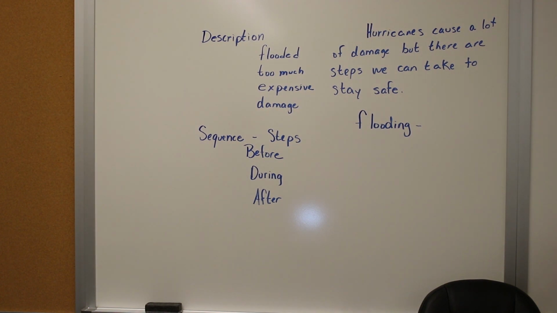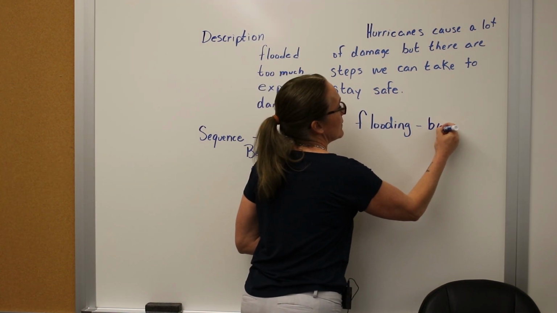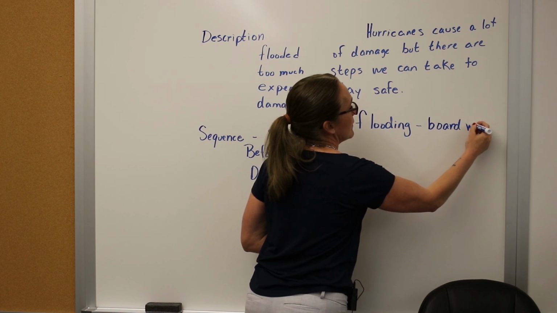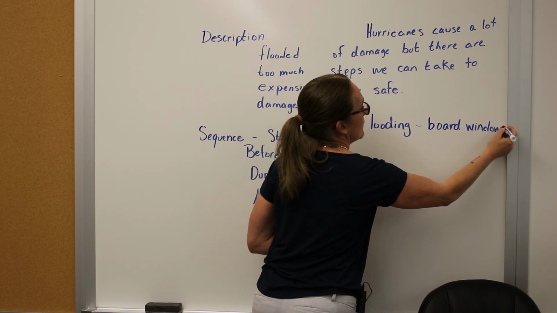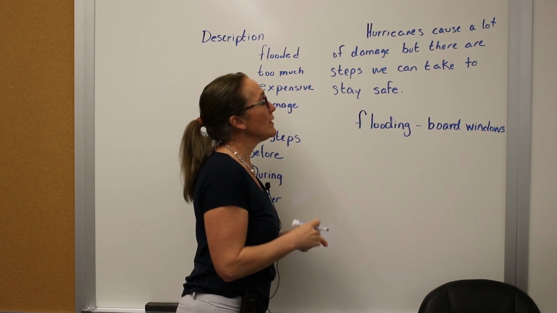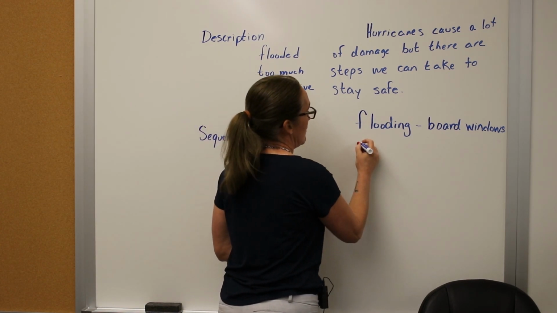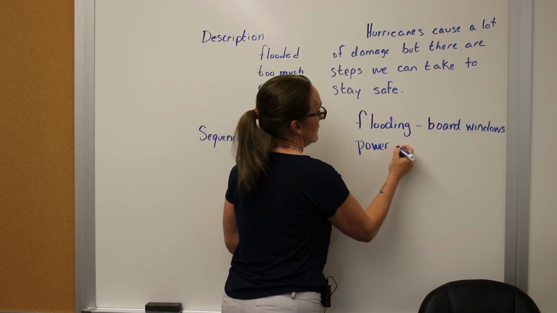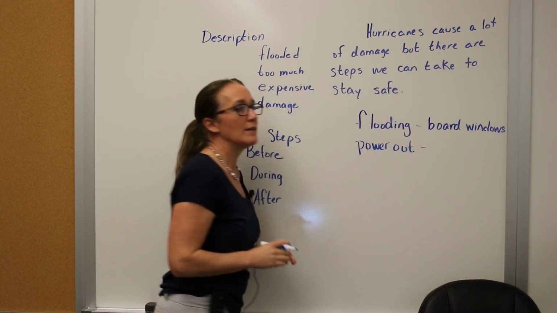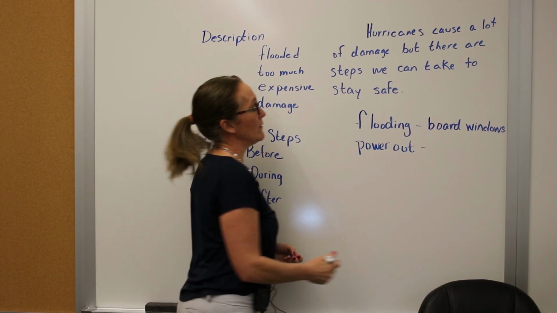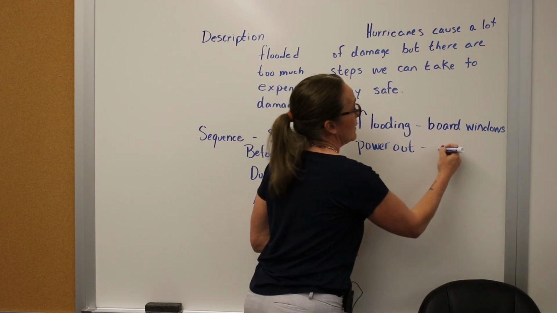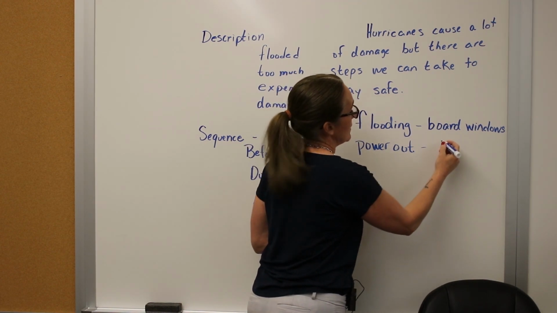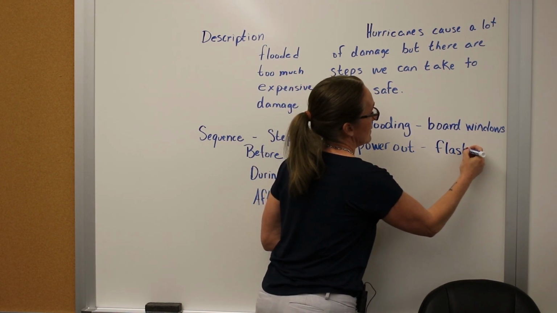The author told me to board windows. The author said the power goes out. The author told me in order to solve that, I need certain tools. I need flashlights.